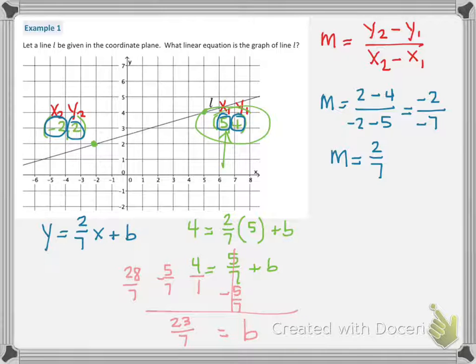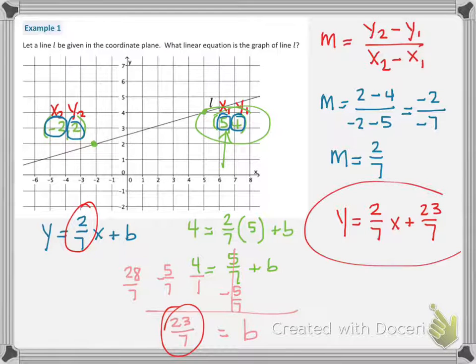So now I have everything I need. I have my slope and I have my y-intercept. Slope I have here, the y-intercept I have here, and I can just write this equation. Y equals m, well that's 2/7 x, plus the y-intercept is 23/7.